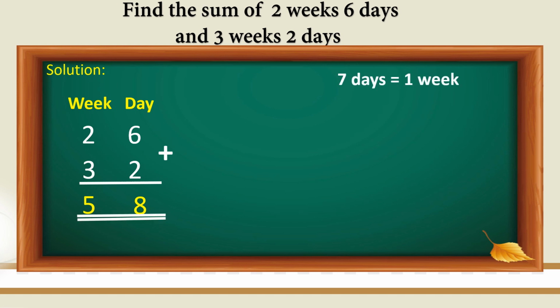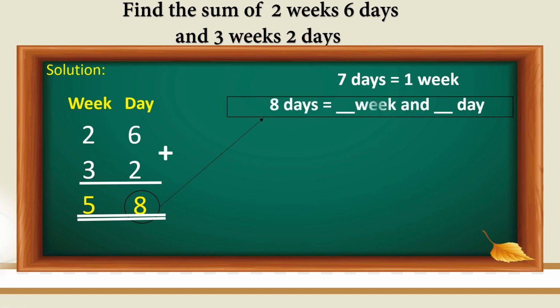Remember that 7 days is equal to 1 week, meaning to say we are going to convert the 8 days into how many week and how many day. How to solve that? Write the unit days and then put 8 minus the 7 days is equal to blank.